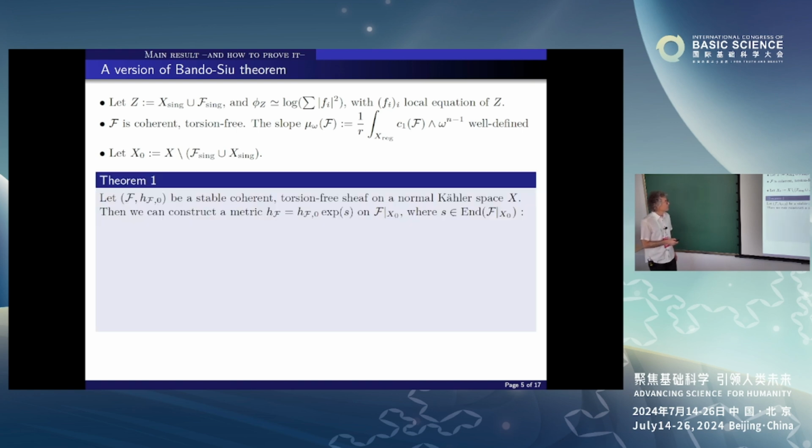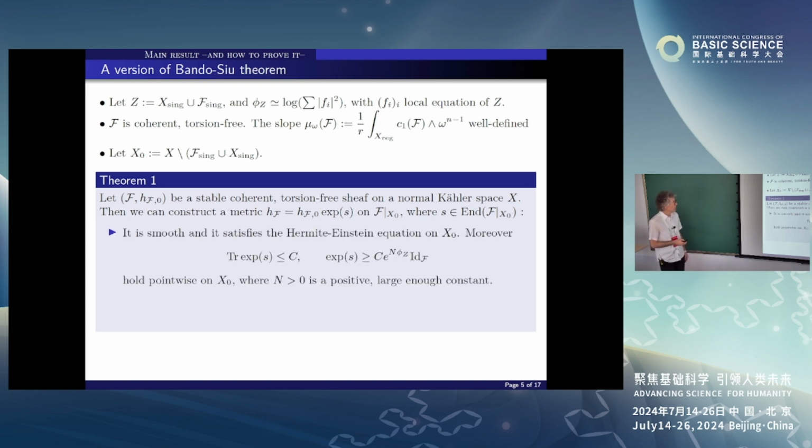And then the first result I would like to explain is the following. If F is stable and coherent torsion-free on a normal Kähler space X, then we can construct a metric, which I call h_F. So h_F⁰ is the metric that I defined before, by using the partition of unity and local resolution. And they differ by some endomorphism, the exponential of some endomorphism S of F. Again, this is only defined on the open part, and it has the following properties.